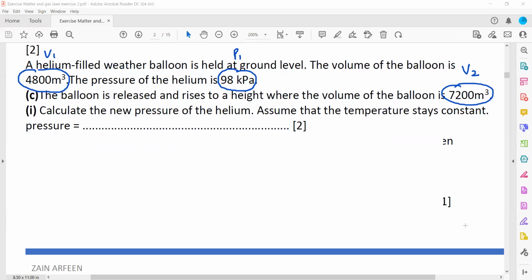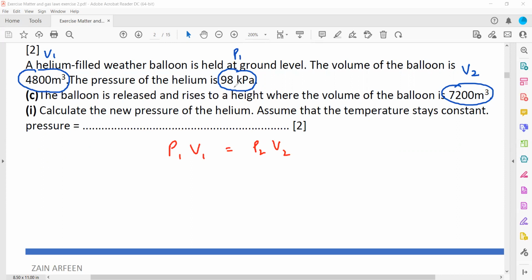We'll use the formula P1 V1 equals P2 V2. So first pressure multiplied with first volume equals second pressure multiplied with second volume. The first pressure, when the balloon was on the ground, was 98 kilopascal.